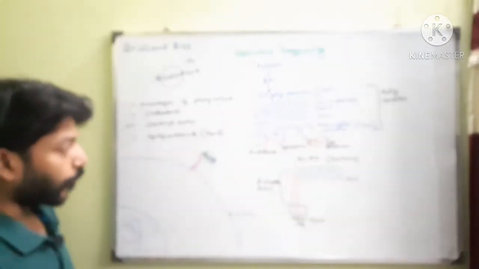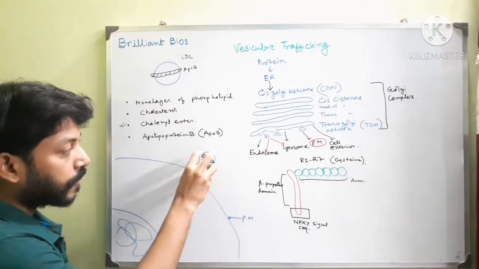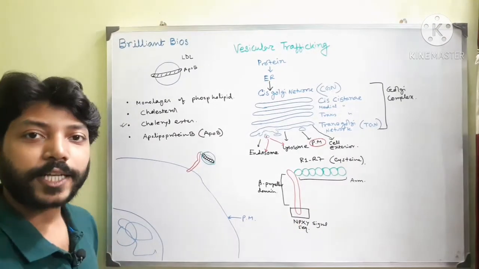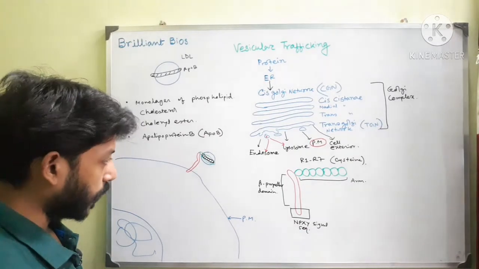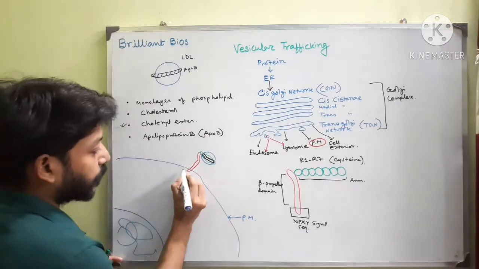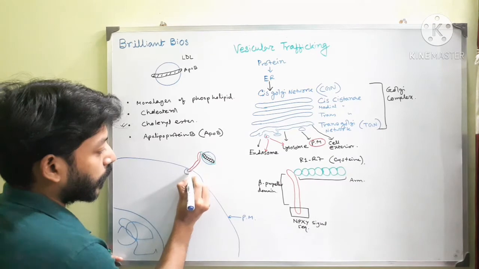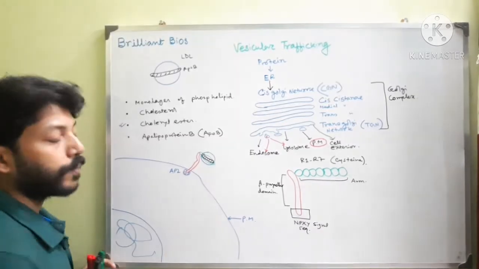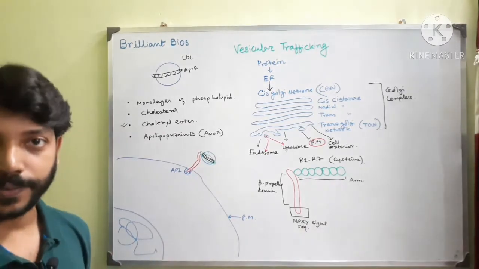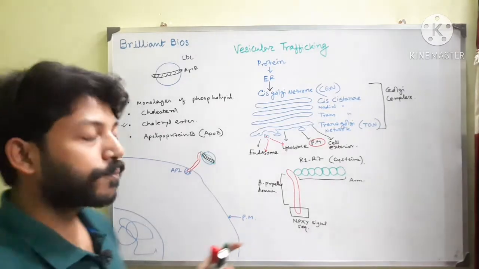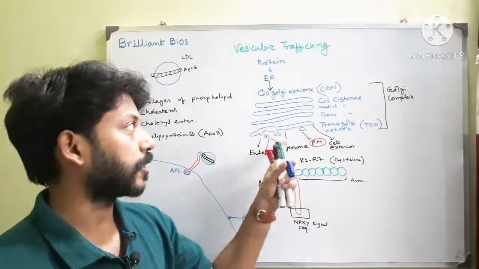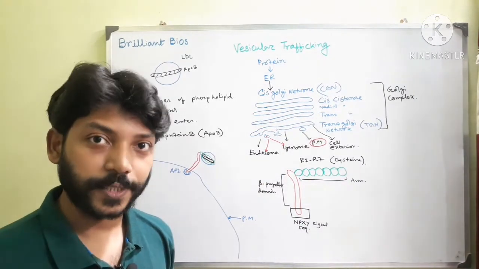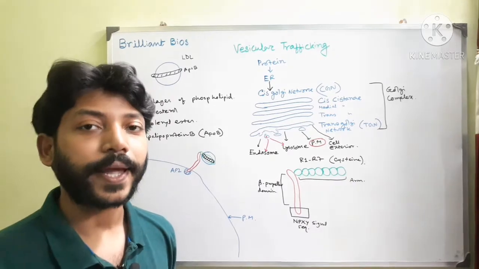Now when this LDL binds with this receptor, this NPXY signal actually attaches with a molecule we call adapter protein 2. A protein called adapter protein AP2 then binds with this NPXY signal sequence. In my previous classes on vesicular trafficking, I have mentioned that there are different types of coat proteins present, like COP1, COP2 and clathrin.